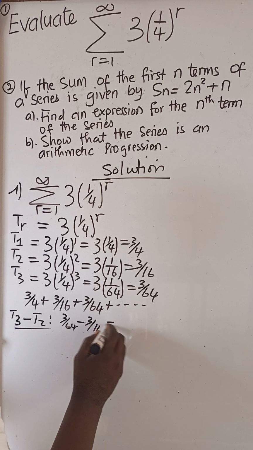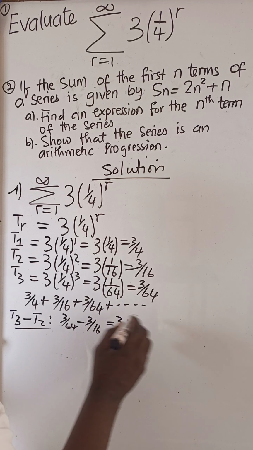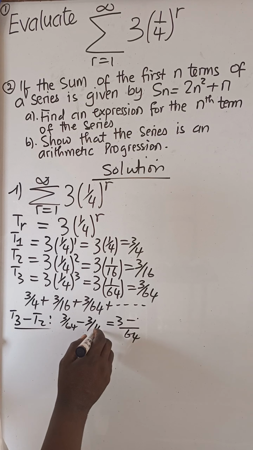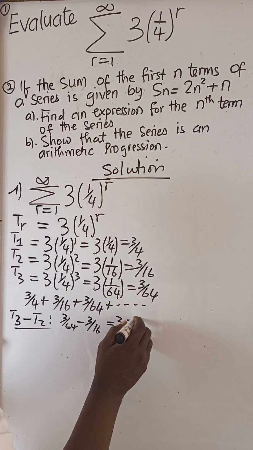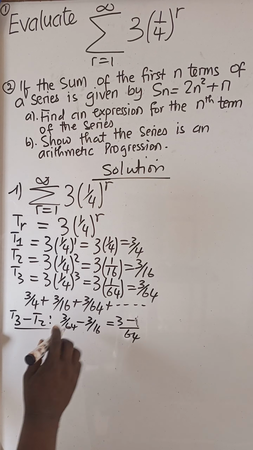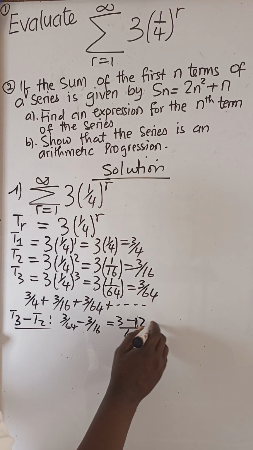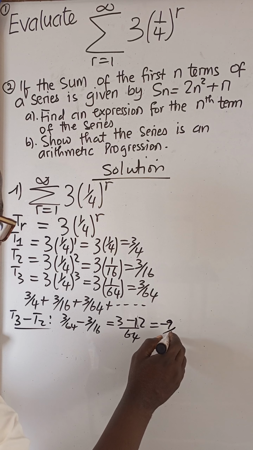The LCM is 64. So we have 3 minus 4 times 3. 64 divided by 16 is 4. 4 times 3 is 12. So here we have negative 9 over 64.